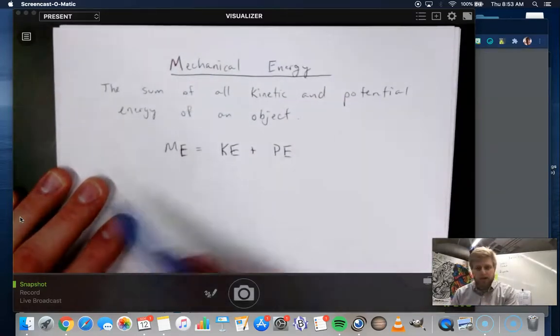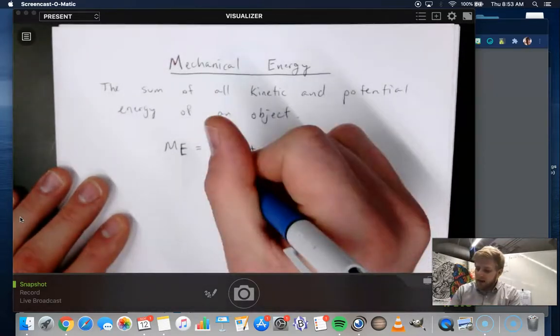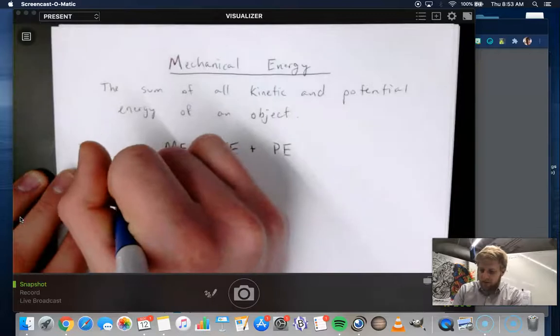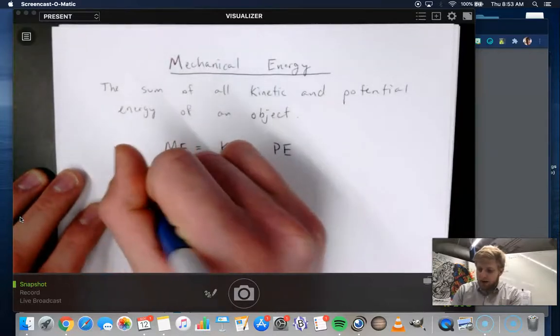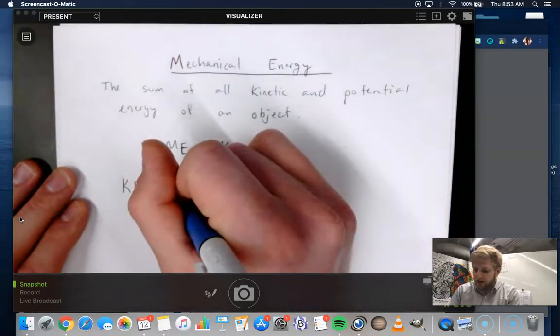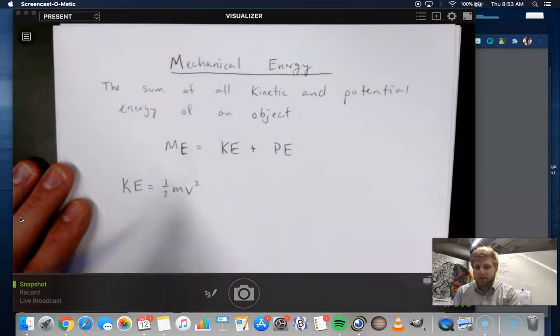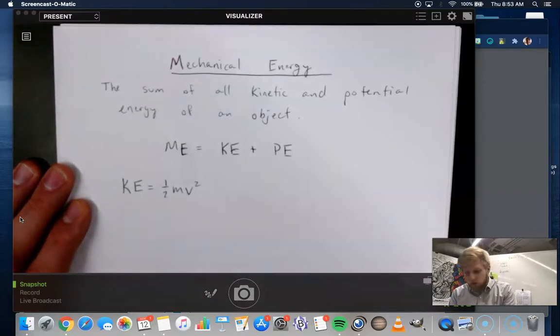We might change up notation as we go along, but this is for simplicity here. Now, kinetic energy can take several forms, but for right now we're just going to talk about standard kinetic energy, and the equation for that is 1/2 times the mass of the thing times its speed squared.